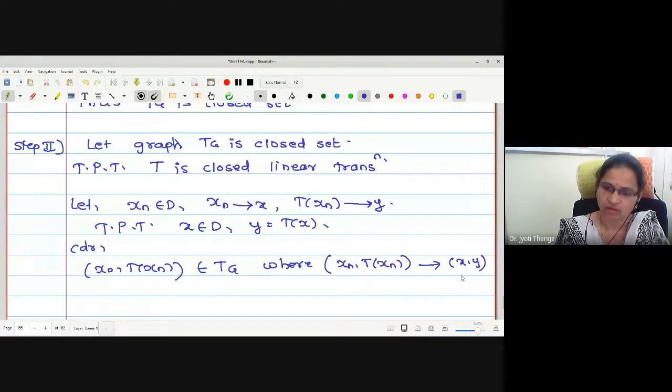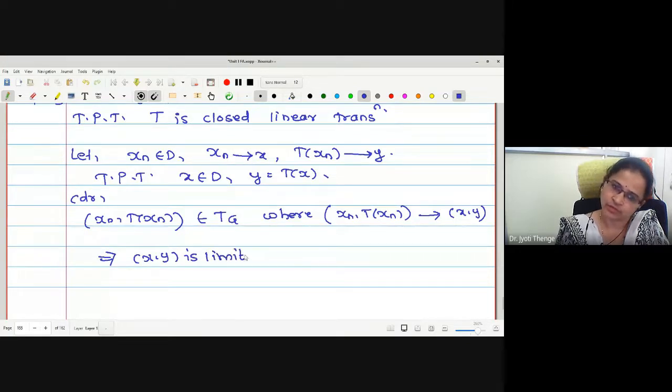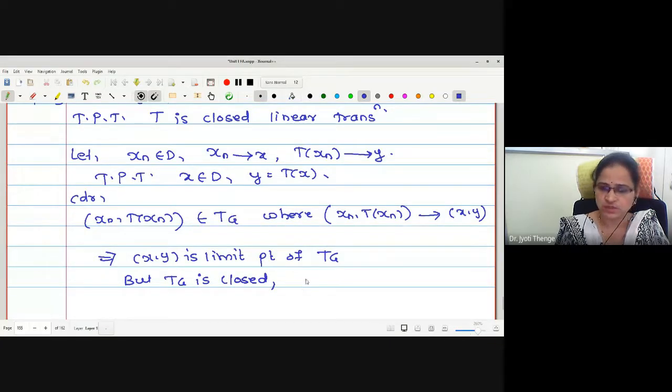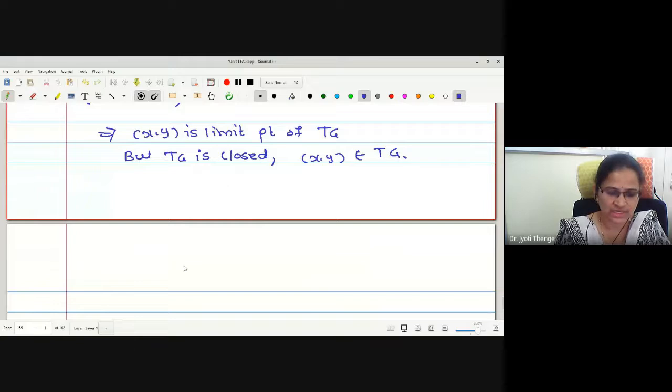This point (xn, Txn) in TG converges to (x, y). Coordinate-wise convergence, we have used the product topology, right? Therefore, what can I say? (x, y) is a limit point of TG, but TG is closed. If TG is closed, this (x, y) will be in TG. If (x, y) is in TG, what is the condition?